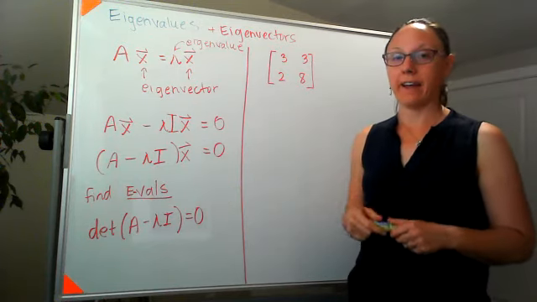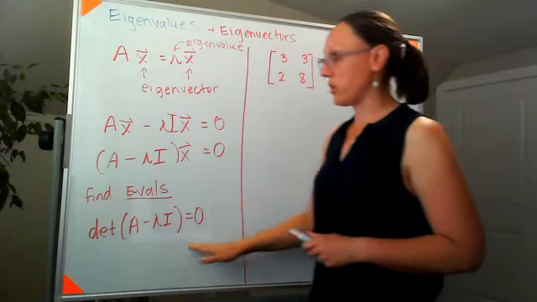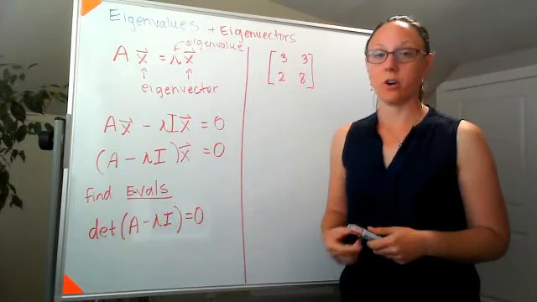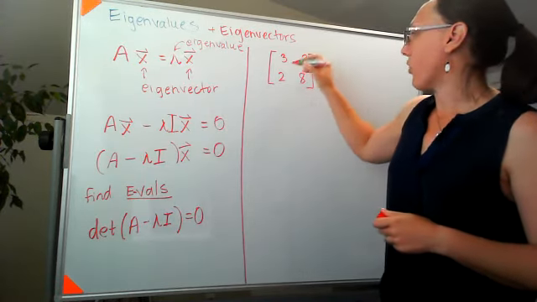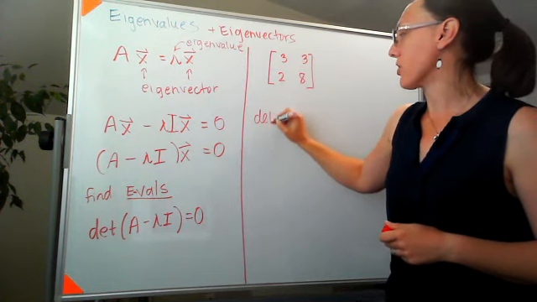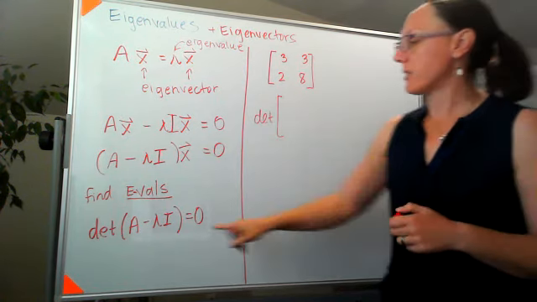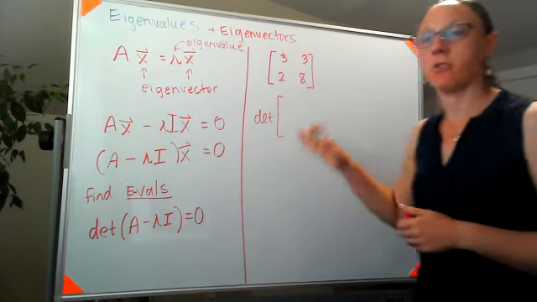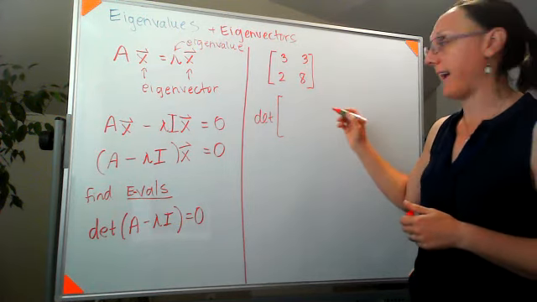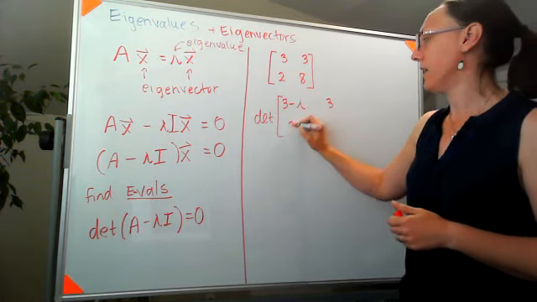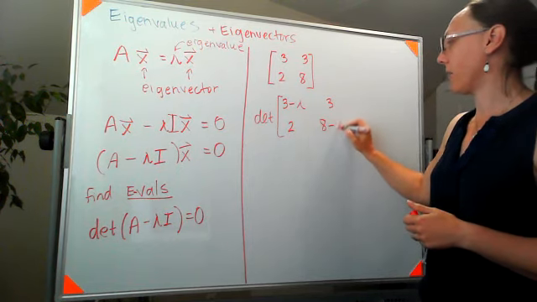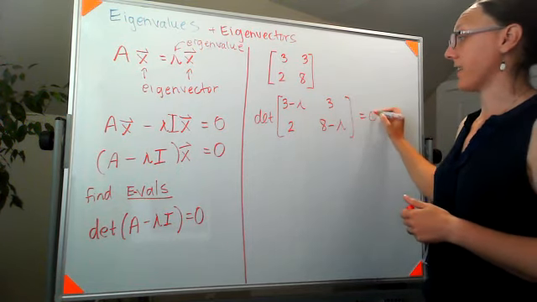In terms of the eigenvalues, we're always reaching back to this equation that the determinant of A minus lambda I needs to be equal to 0. So I am looking for the determinant of, and subtracting that lambda I means I'm subtracting lambda from the primary diagonal. So this will look like 3 minus lambda, 3, 2, and 8 minus lambda. And that's what we're going to set equal to 0.